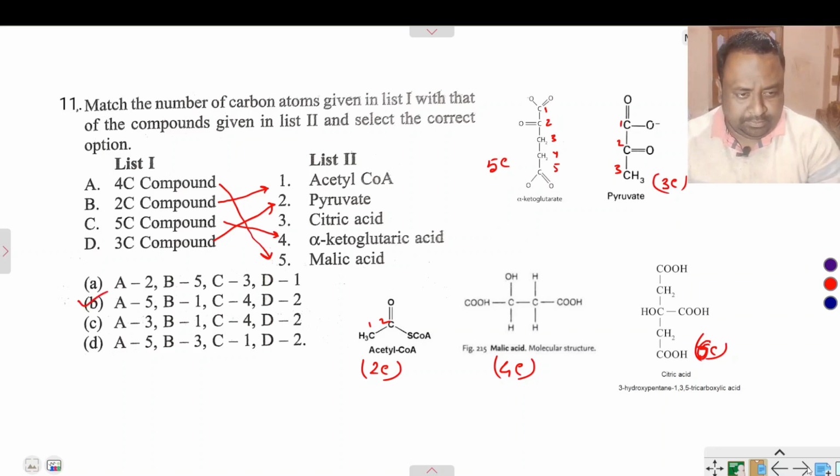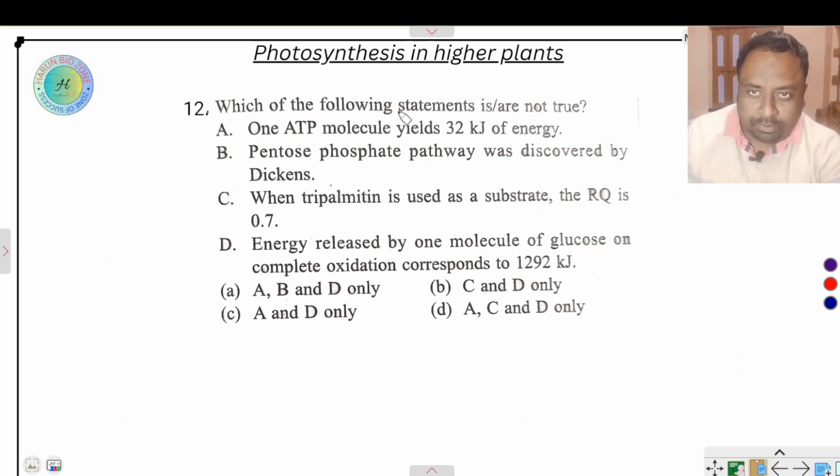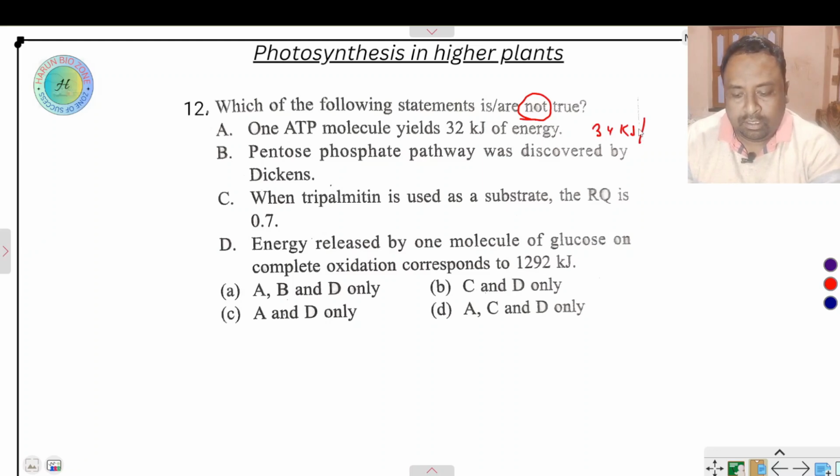Next question is, which of the following statements are not true? 1 ATP molecule yields 32 kilojoule of energy, because 1 ATP molecule produces near about 30.34 kilojoule per mole.